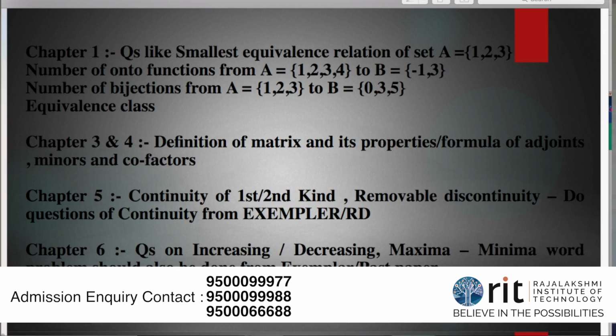Okay. Formulas of adjoint. There are 4 or 5 formulas given in the adjoint: adjoint of A, determinant of adjoint of A. You know? Okay. For adjoint A, inverse related questions, the 4 formulas mentioned in RD Sharma, not in the NCERT.